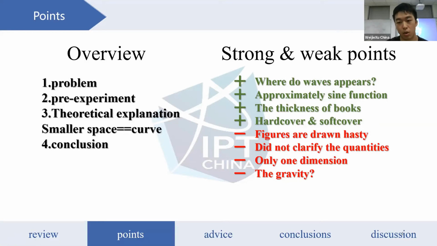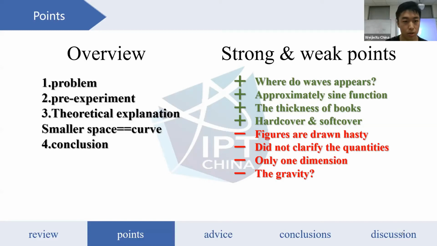And you only consider one dimension. The paper is 2D, right? So when you go into the inner part of the paper, the amplitude is different. When you go inward, the amplitude becomes smaller, right? And the gravity, I think we have discussed this.